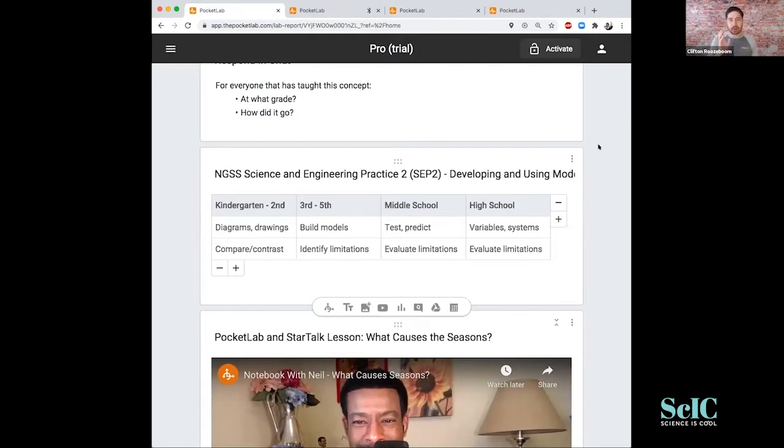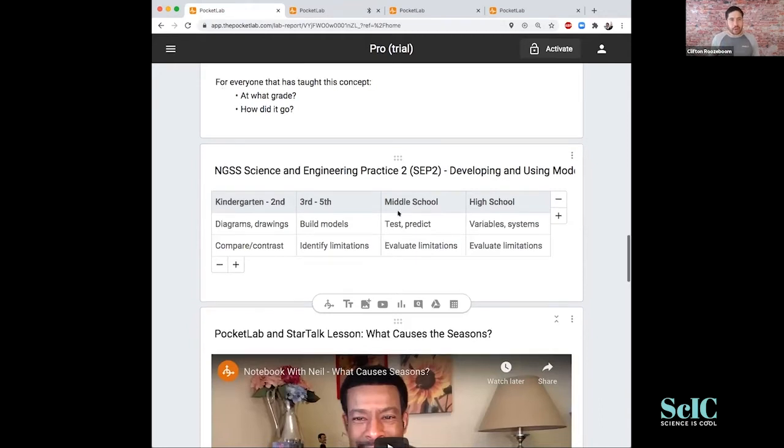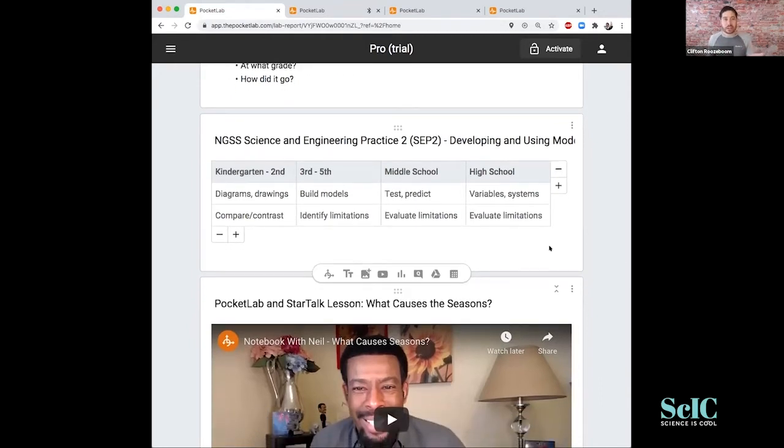And for developing and using models, this is SEP2. For kindergarten and second grade, these are simple models, diagrams, and drawings, and the analysis comes down to comparing and contrasting those models. But even by third grade, you're building models and then identifying the limitations. So how does this model break down? Where is it wrong? How is it useful and where is it wrong?